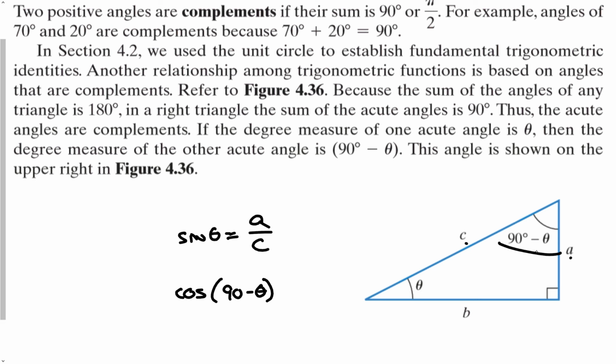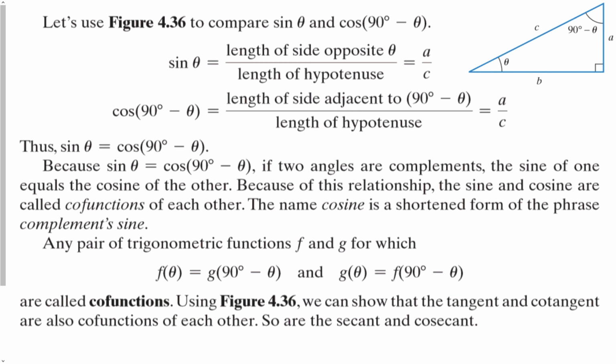Well, cosine is adjacent over hypotenuse. And we can see just by going to the other side of the triangle, and these two things always have to be complements in a right triangle, that these two things are going to be equal to each other. And that's pretty much what this says right here, right?